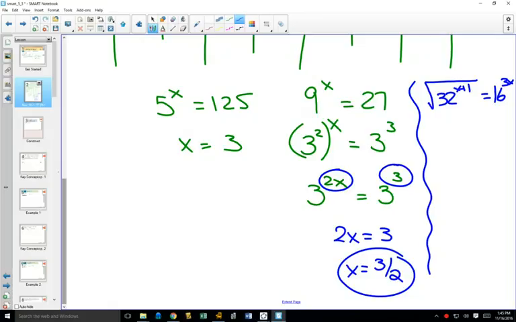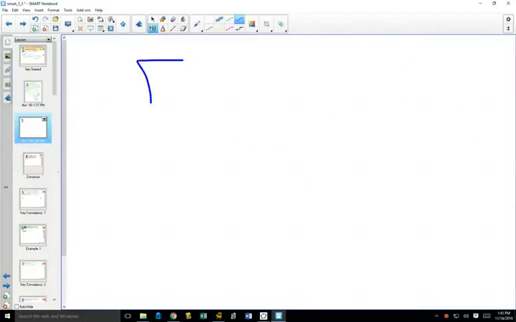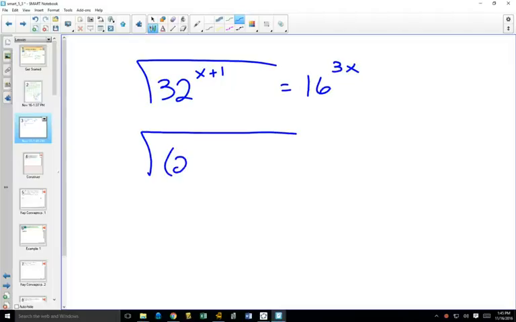2's. So we could write this one as the square root of 2 to the 5 to the x plus 1. Just so I don't have to be so small. What did I have? 32 to the x plus 1 equals 16 to the 3x. So this one could be 2 to the 5 to the x plus 1.